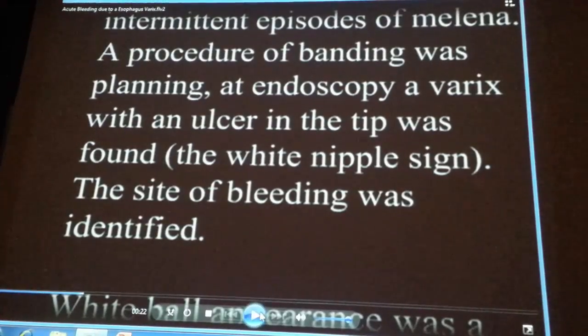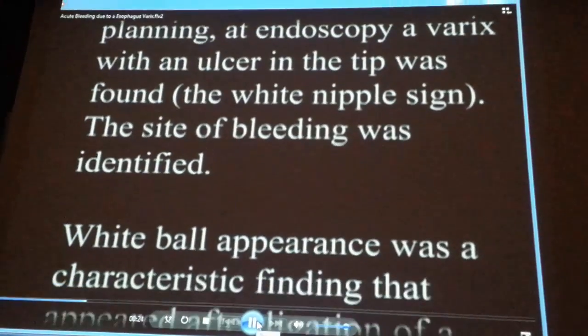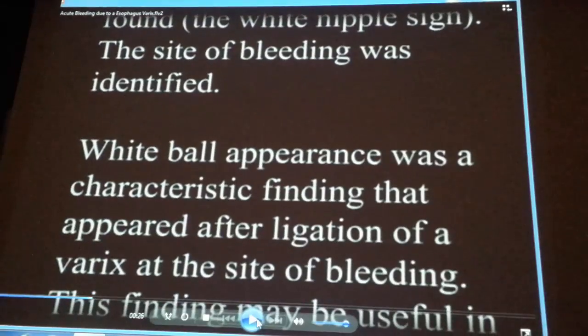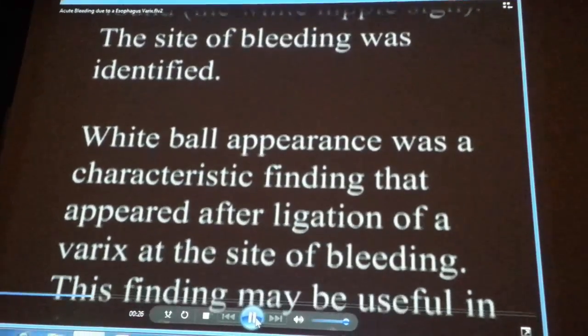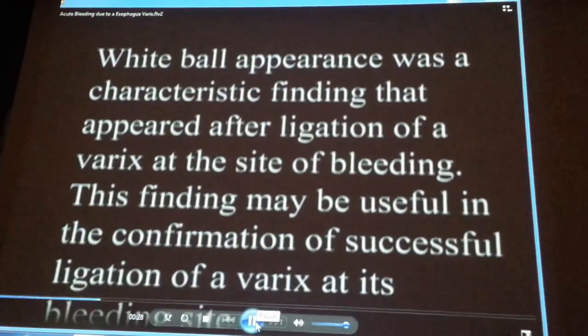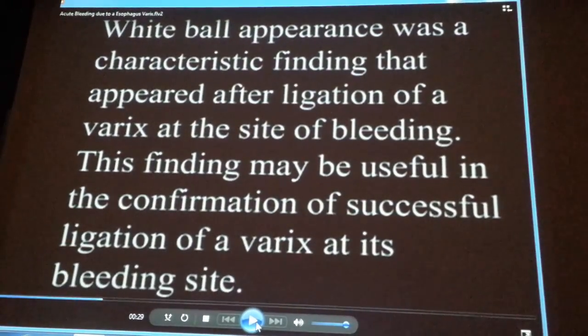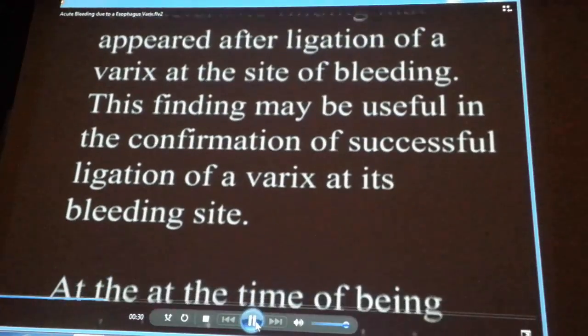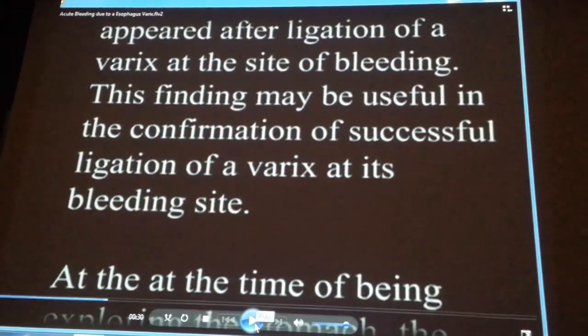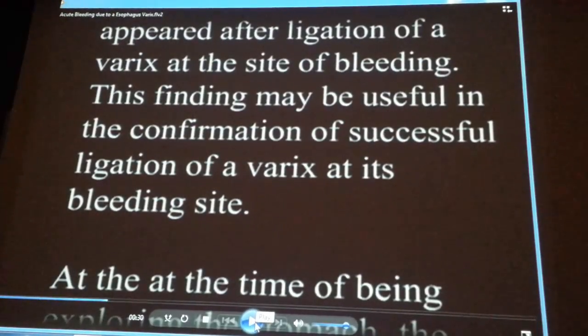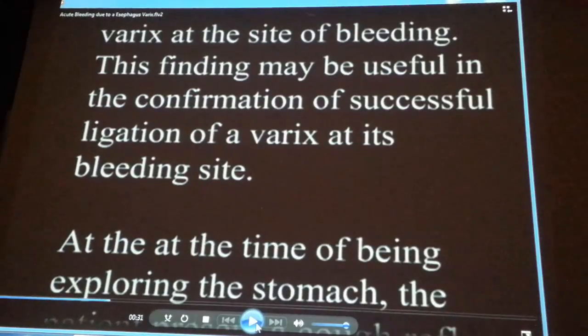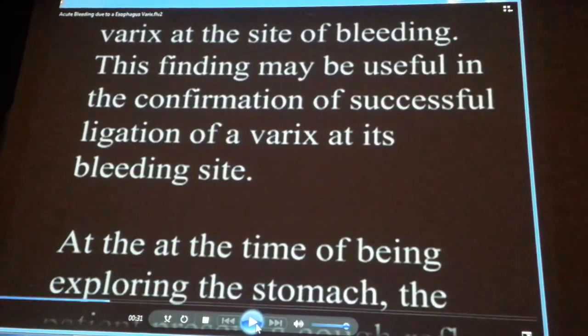The site of the bleeding was identified. The white pole appearance, also pay attention to this. The white pole appearance was a characteristic finding that appeared after the ligation of the varix at the site of the bleeding. This feature may be very useful in confirming successful ligation of the varix.